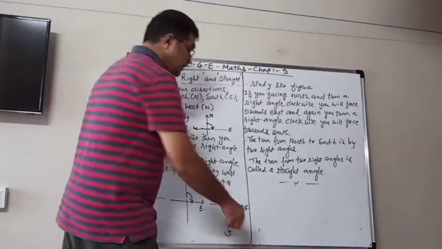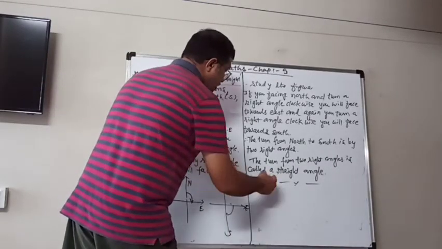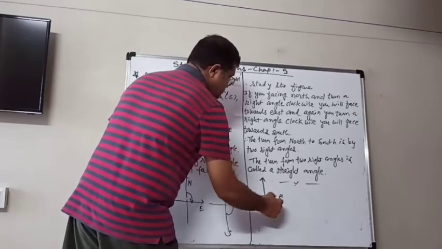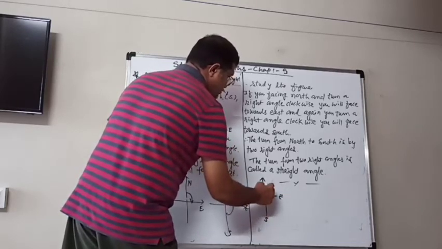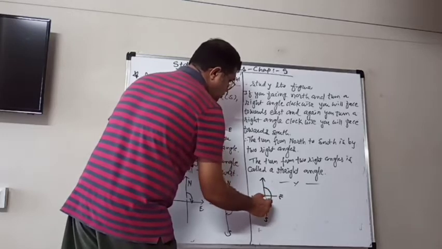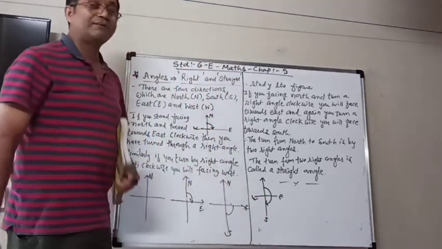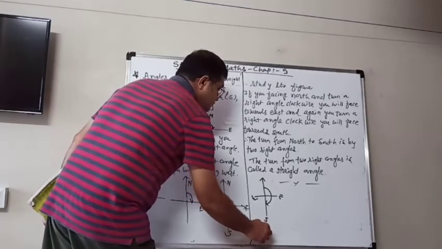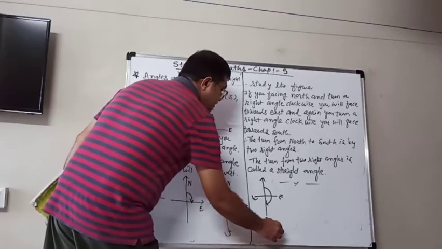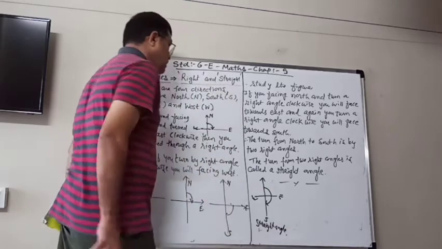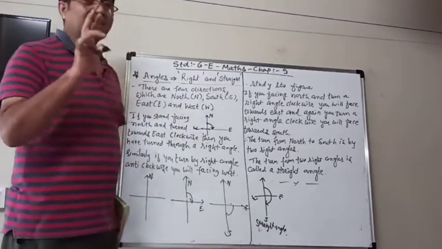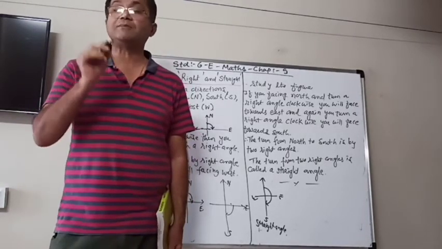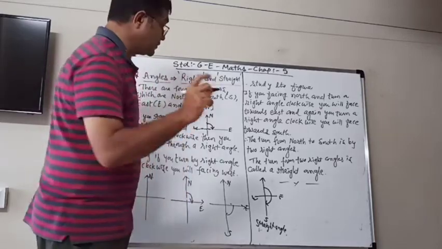It means that from north to south, that angle made is your straight angle. So when you move two right angles, it becomes your straight angle.